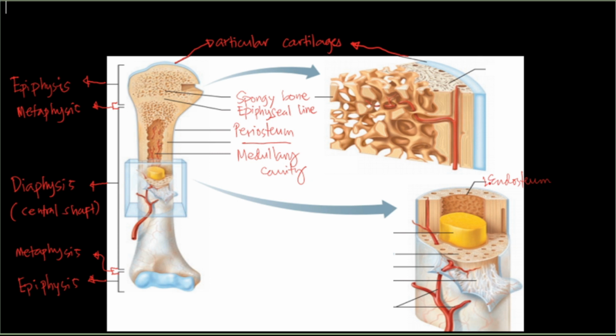This specific part here, your endosteum is composed of a thin connective tissue membrane, and the yellow portion here is what we call your yellow bone marrow. Yellow bone marrow is mostly made up of fats or triglycerides.